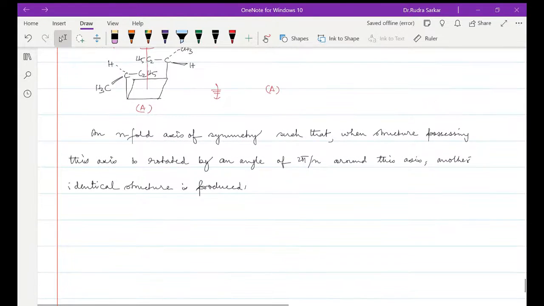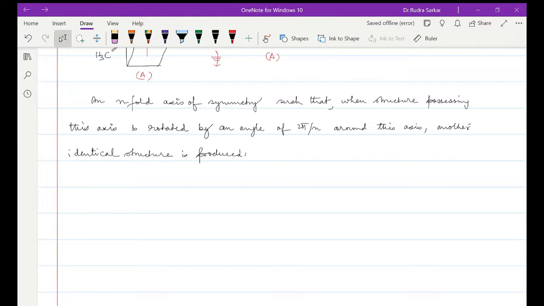So basically, molecules which are non-superimposable mirror images of each other are called enantiomorphs or enantiomers, also known as optical antipodes or antimers.